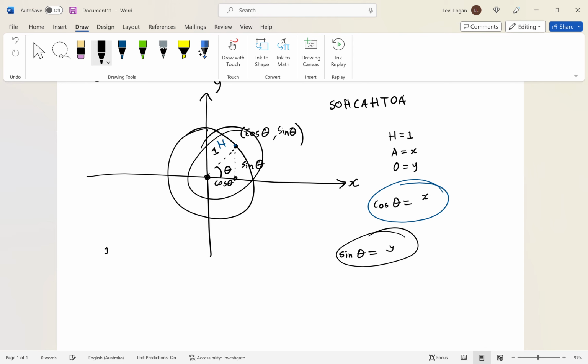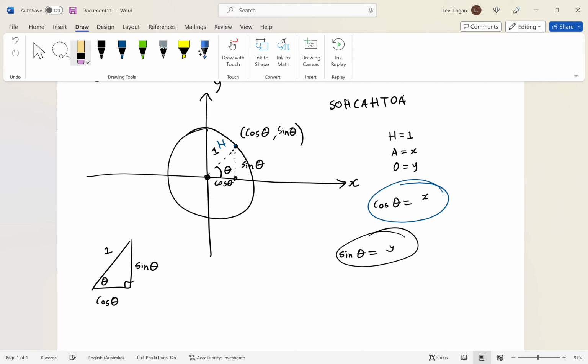We have 1 as our hypotenuse, cos theta as our adjacent, and sine theta as our opposite. Okay, and this is a right angle. No matter where this triangle is in the unit circle, it will always be a right angle triangle.